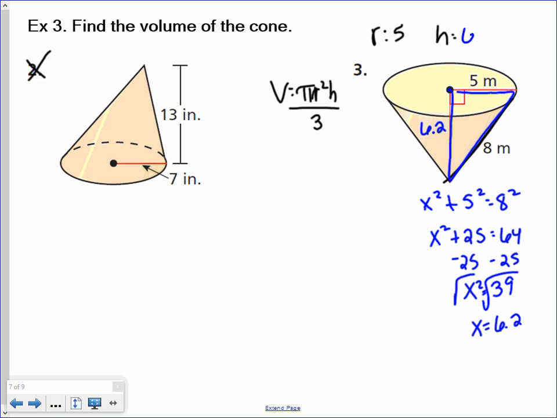And what would go in for h? Can't plug in 8. That would give it too big of a volume. So make sure you have the correct heights.